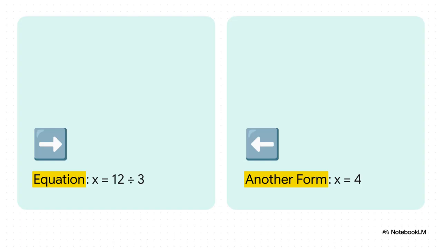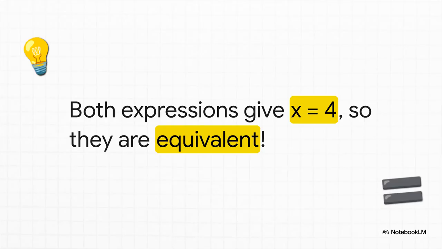So let's set up our 2 paths using a little algebra. We'll just call our treasure x. So our first path is easy. X equals 12 divided by 3. Now that second path was 4 times 3 divided by 3, but we already figured out that just comes out to 4, right? So we can just write its simplest form, x equals 4. Okay, let's solve that first one. 12 divided by 3 is 4. So x equals 4.